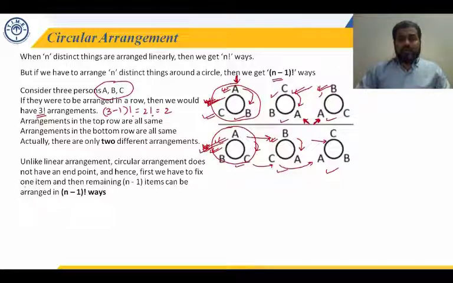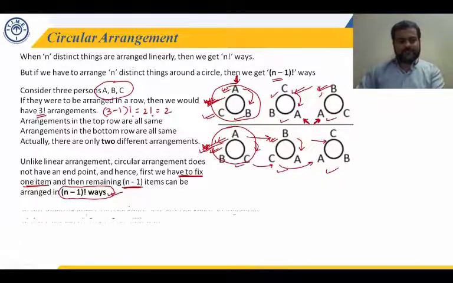So to have an end point, you have to fix one item first, and then you can arrange the remaining n minus 1 items in n minus 1 factorial ways. Okay. That is why in case of circular arrangement of n distinct things, the number of arrangements will be n minus 1 factorial.